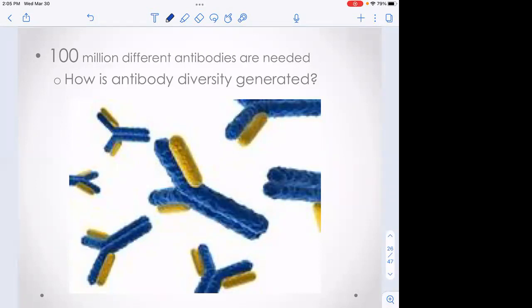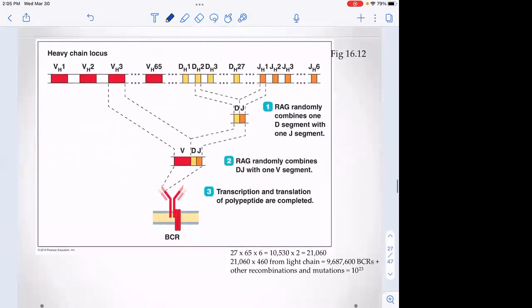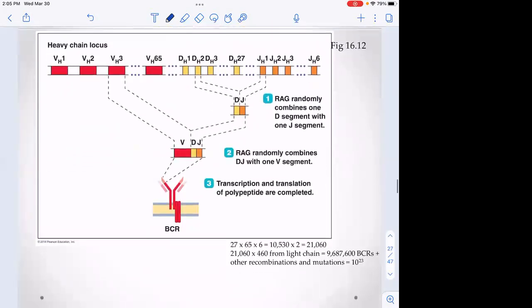This is a question that plagued researchers for a really long time. We finally figured out, or some Japanese scientists figured out in the 1970s, that amazing diversity is generated by recombination events.